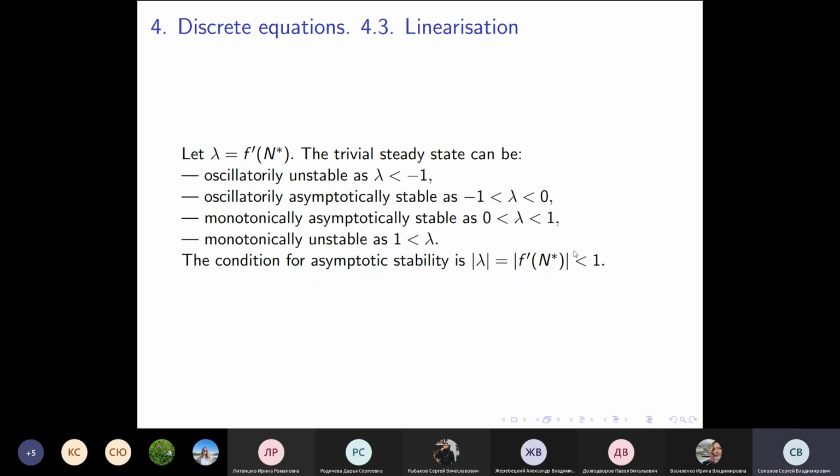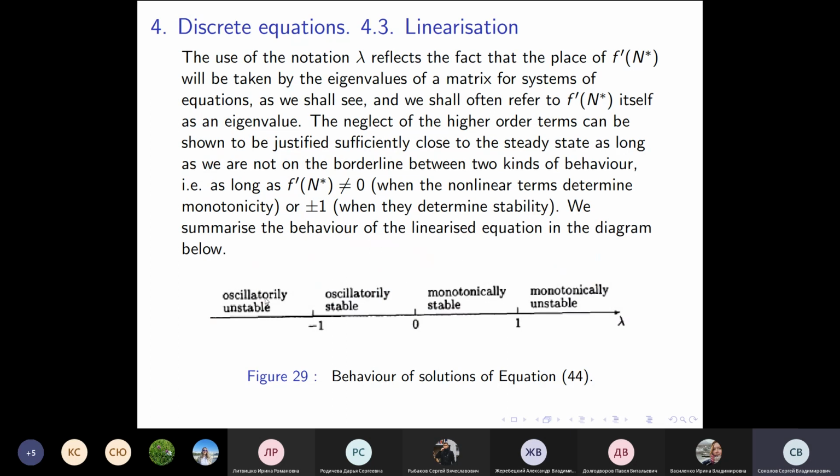For differential equations, the real part of the eigenvalues of f prime must be negative. And here, the absolute value must not exceed 1. So the same for our initial equation.